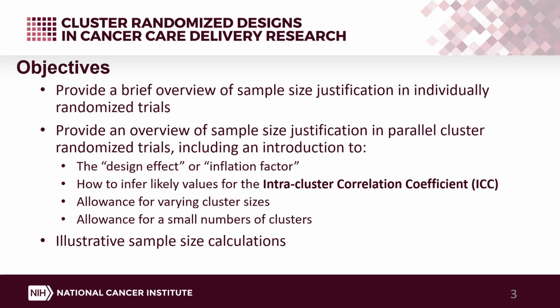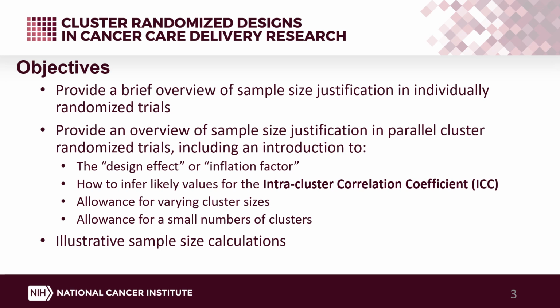So the objectives of this mini session are first of all to provide a brief overview of how we determine sample size, or how we justify our sample size, in individually randomized trials. We'll then go on to think about how we might extend this when thinking about sample size justification in cluster randomized designs.